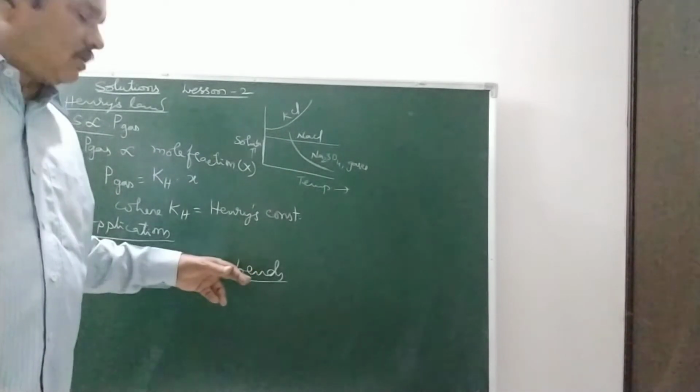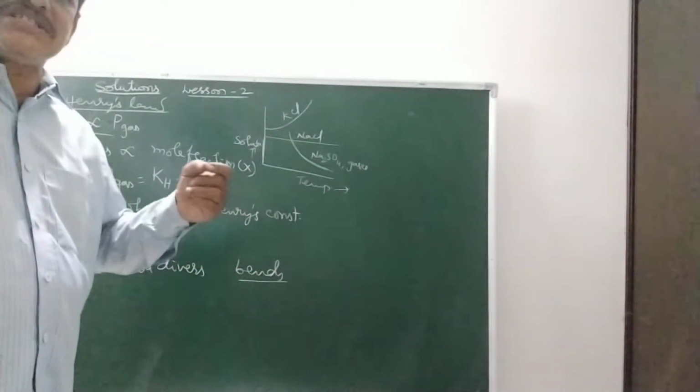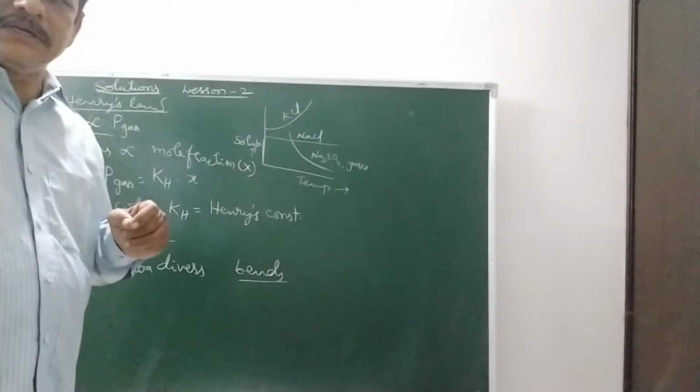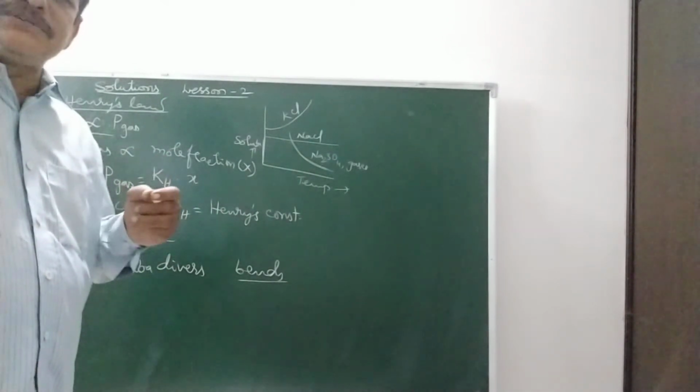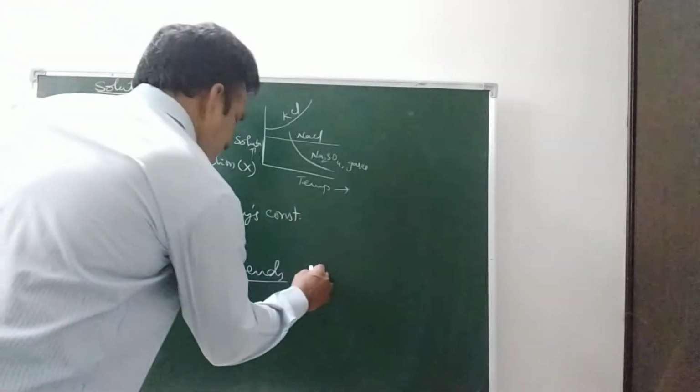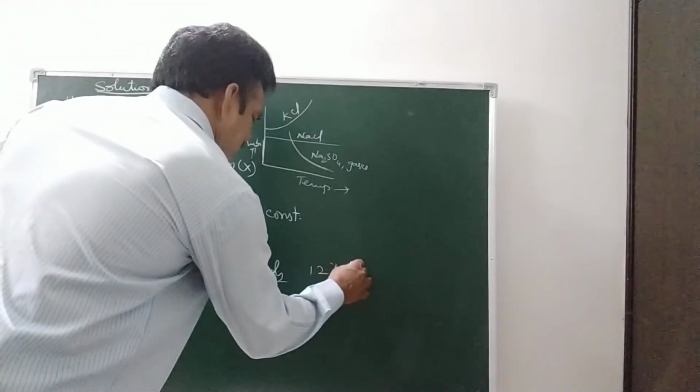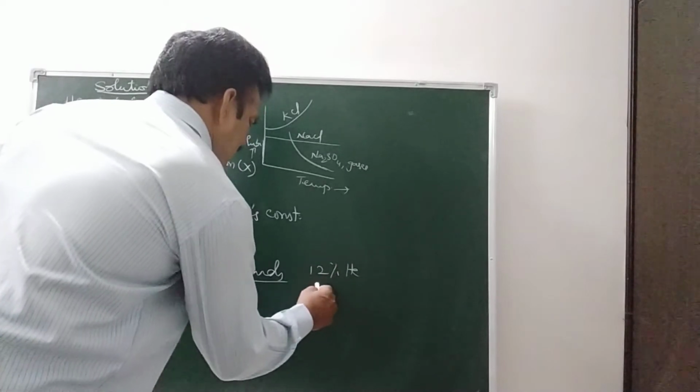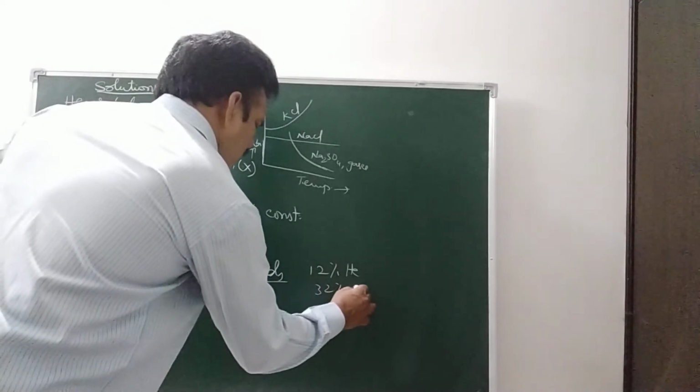In order to decrease the dissolution of nitrogen, the air is mixed with helium, around 12% helium and around 32% oxygen.